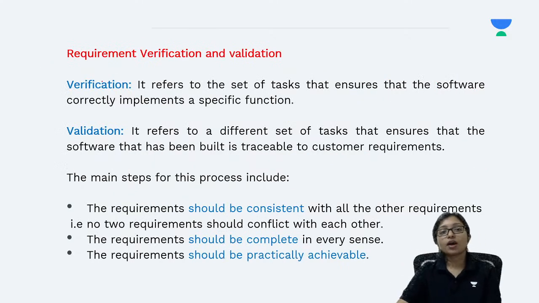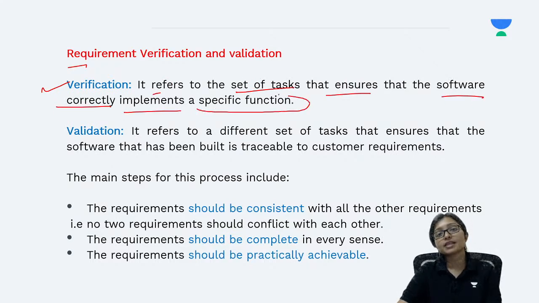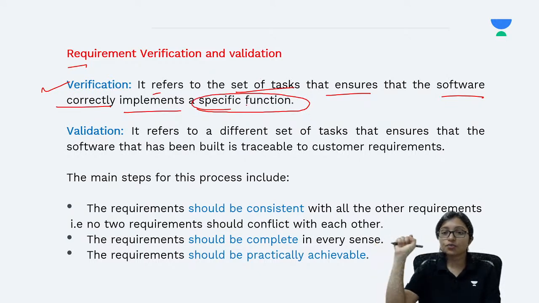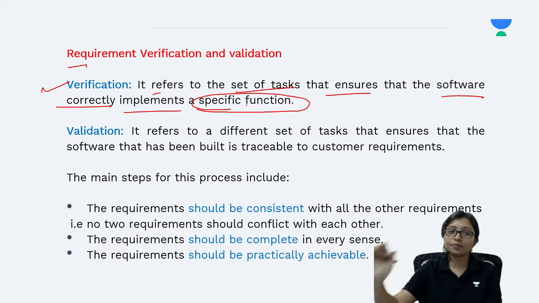Next one is the requirement verification and validation. Verification refers to the set of tasks that ensure the software correctly implements a specific function. Each and every specific function we verify is correctly built.